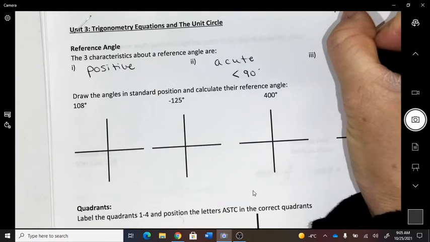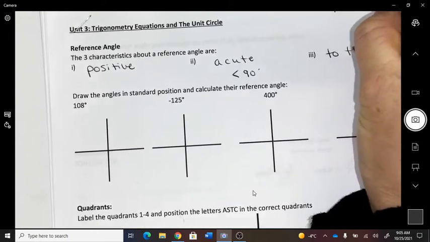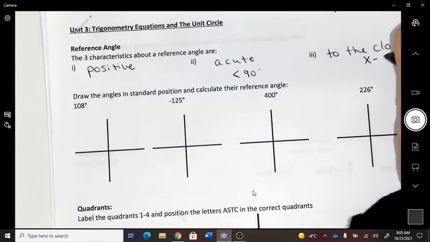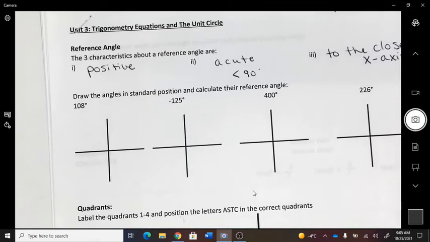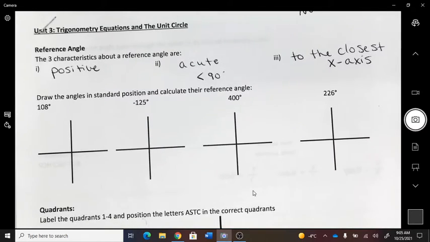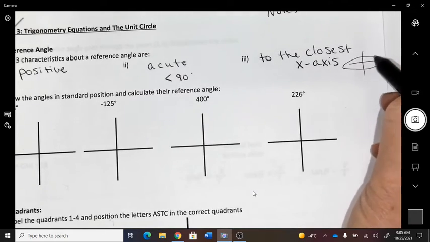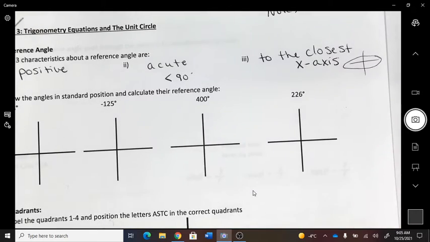And it's always to the closest x-axis. Do you know which one is the x-axis? The flat or the up and down one? It's always to the flat axis, the horizontal one.